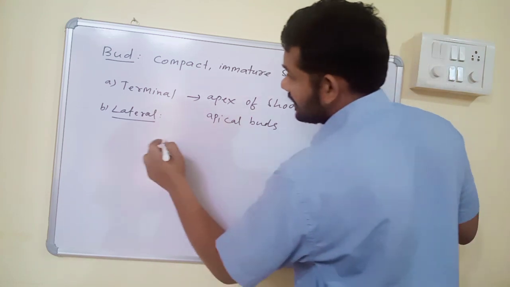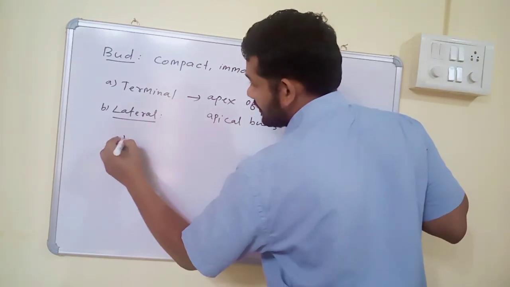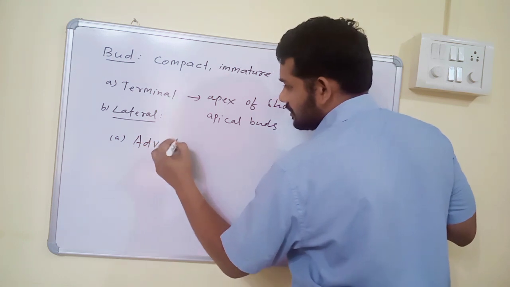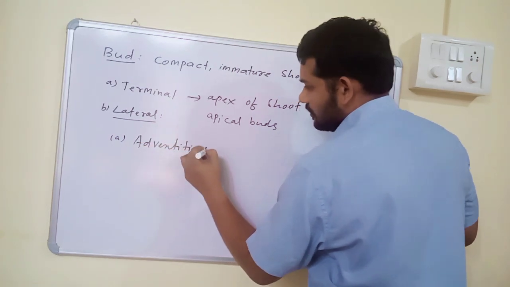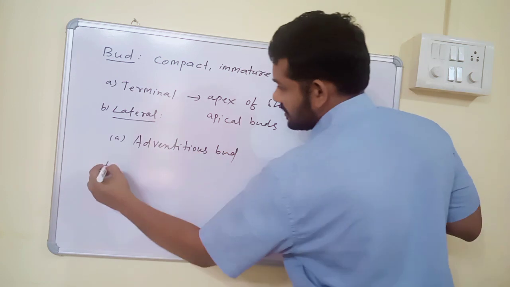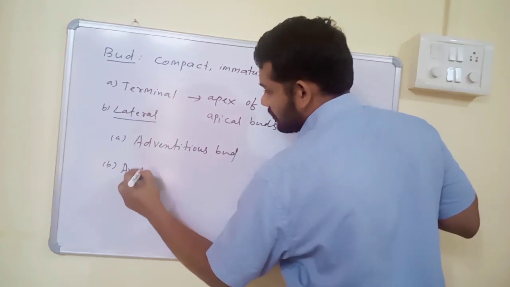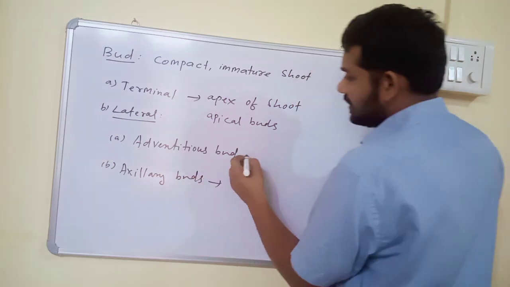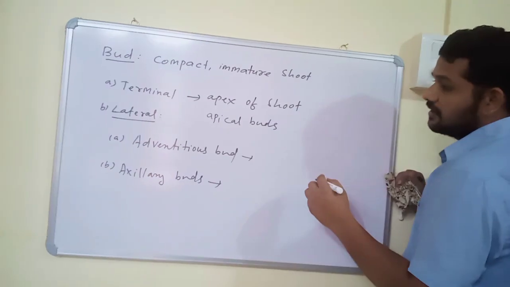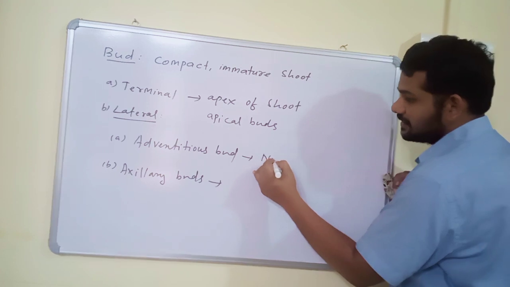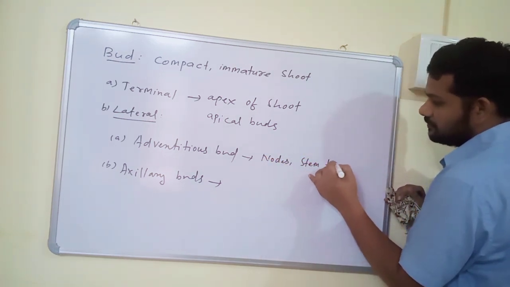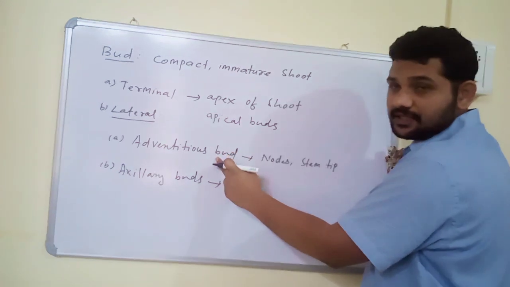Lateral buds are again of different types. Some lateral buds are called adventitious buds, and some are called axillary buds. Adventitious buds develop on any part of the plant other than the nodes and stem tip, and usually take part in vegetative propagation.